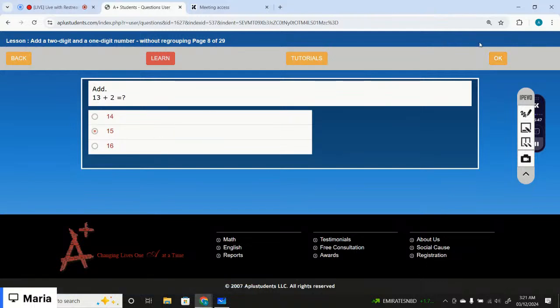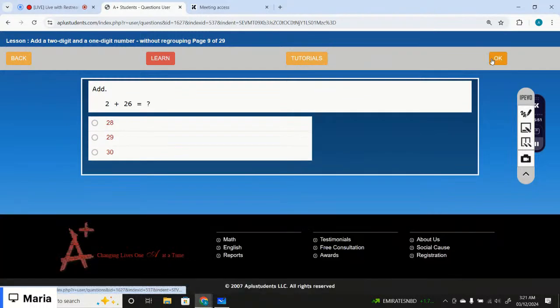The correct option is option number 2, 15 it is. 26 plus 2, which is the correct option? 28 it is. 26 plus 2 makes 28.